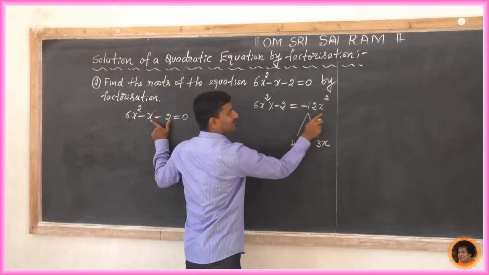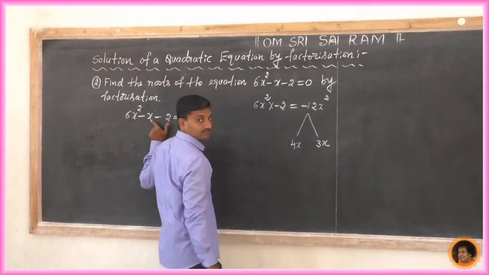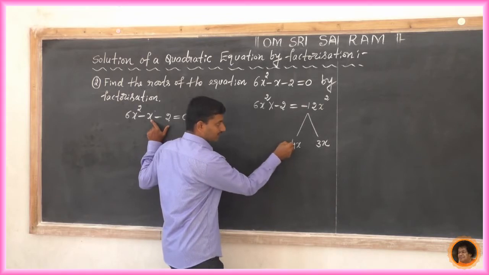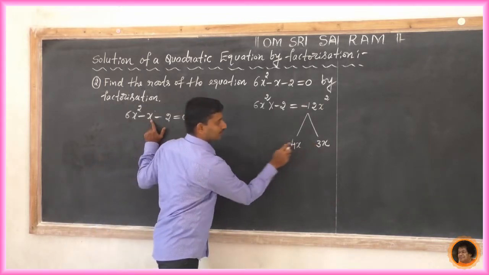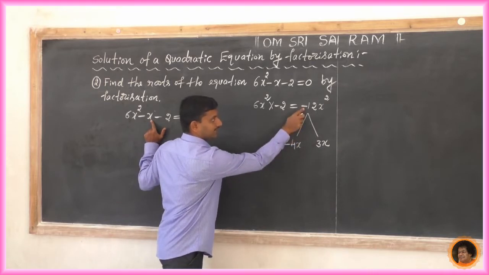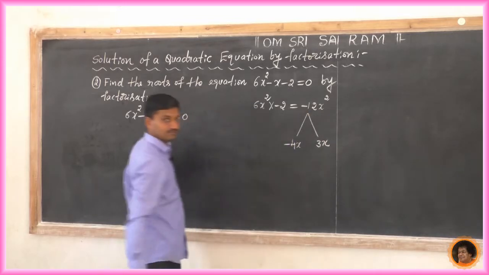But the product contains a minus sign, so the bigger number always takes the minus sign. Minus into plus is minus. That is correct.